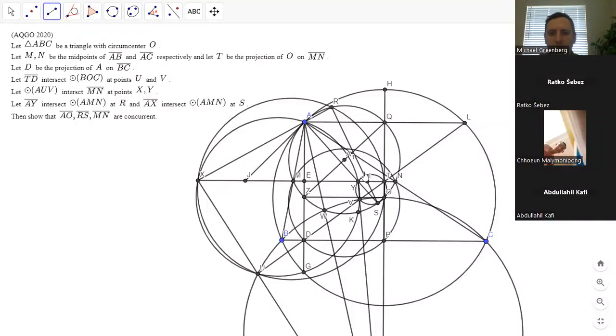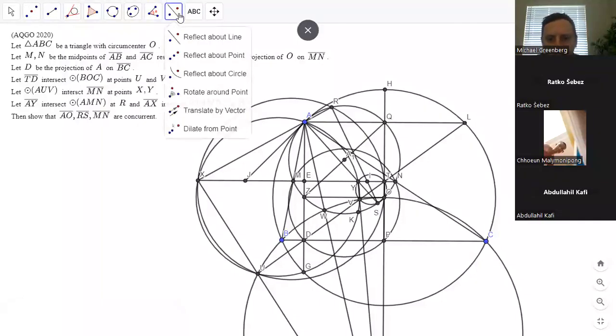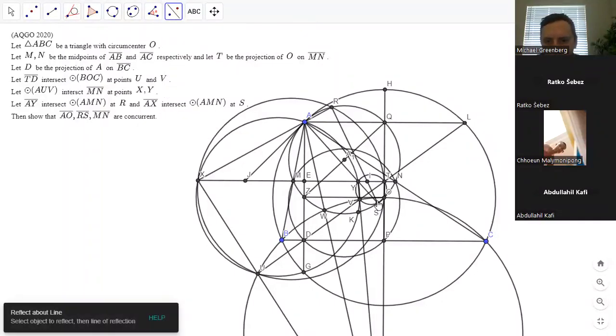Yeah, these circles are reflections across each other. So basically, I wonder if we reflect S across MN, is it that point?